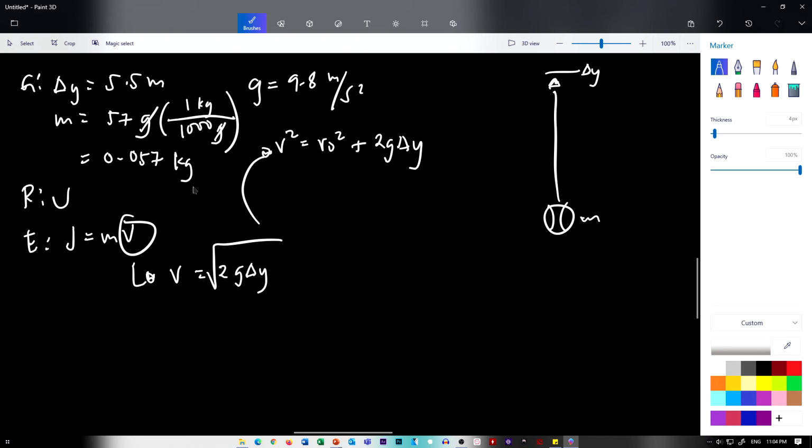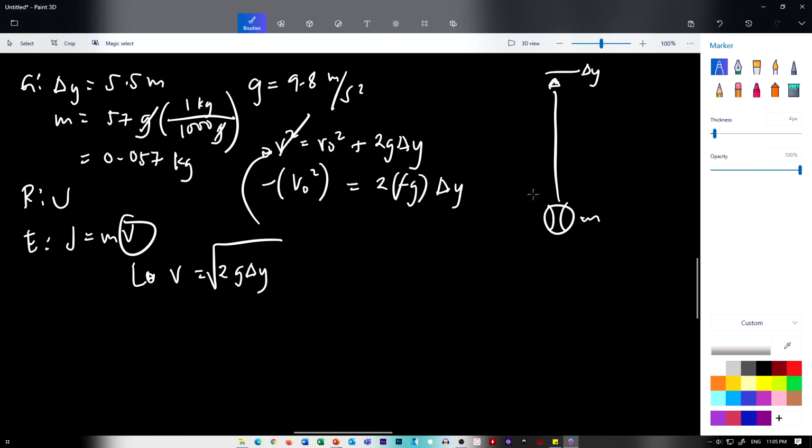Okay? You can approach it by utilizing the initial velocity. So how about we try to do that? But you're going to have a negative answer. But you can cancel that one out, so it will still be the same. What would happen is you can cancel this one out, then this will be equal to 2 times negative g delta y. Correct?